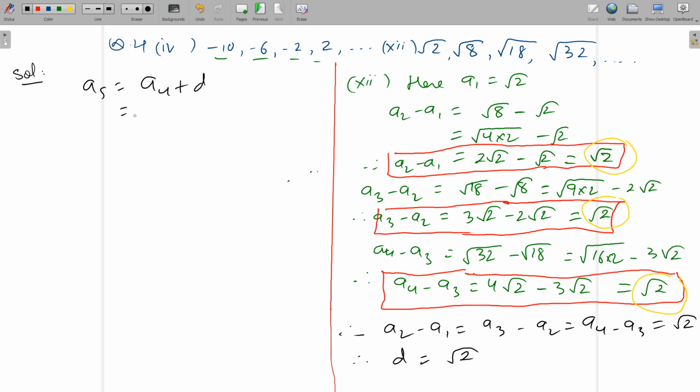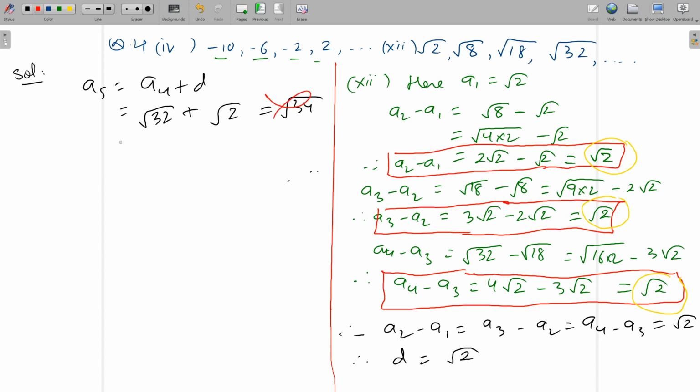That is equal to, what is a4? Our a4 is root 32, square root of 32 plus d. What is d? d is root 2. Now we do not write this as square root of 34, so this will be totally wrong.